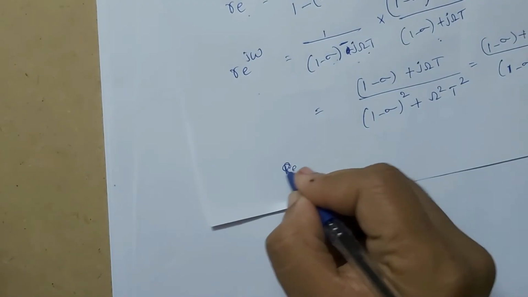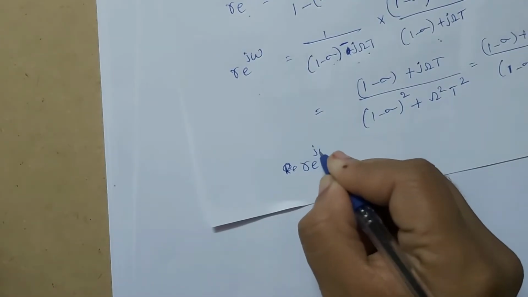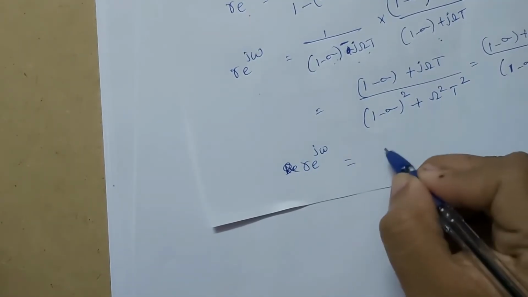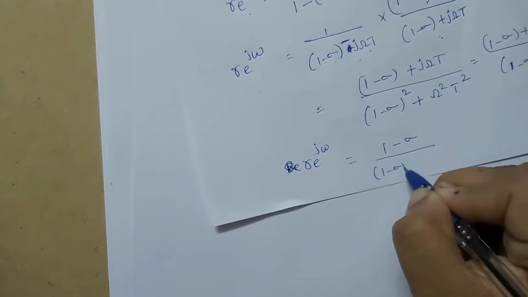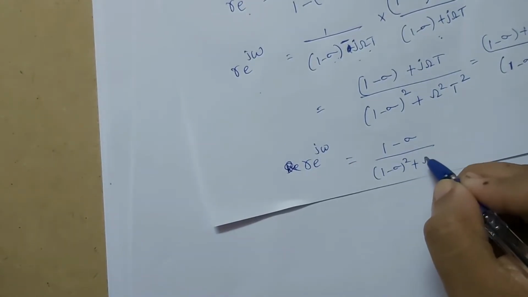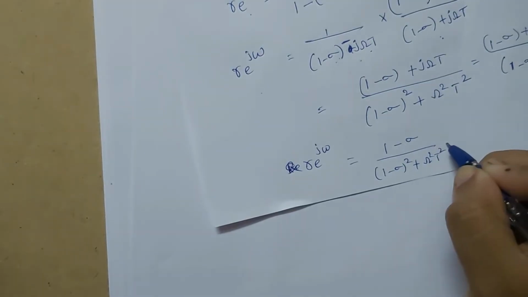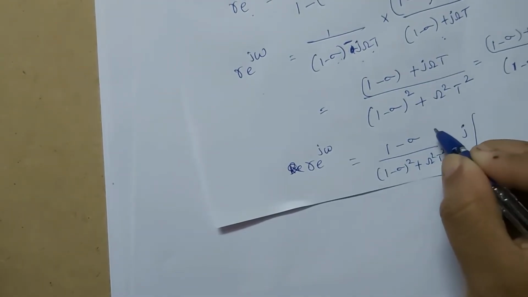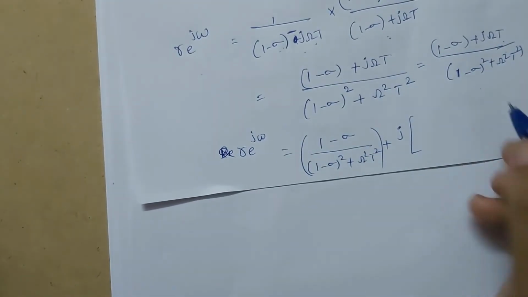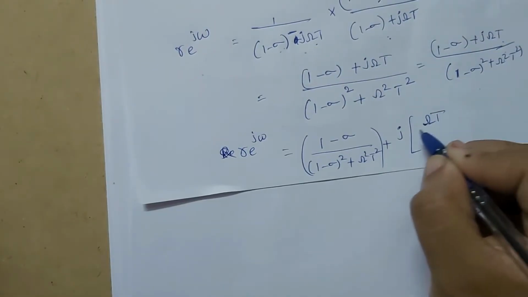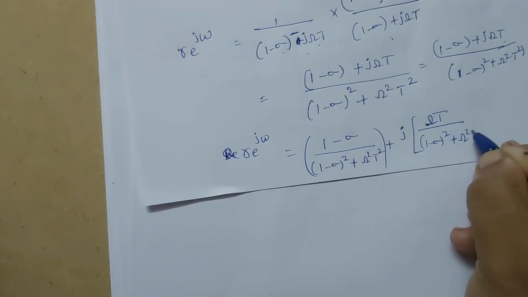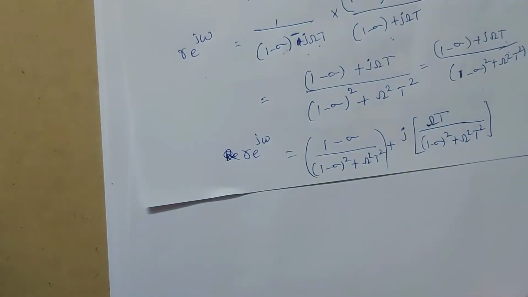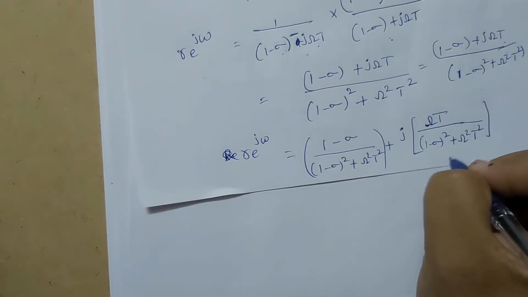So r e power j omega can be written as (1 minus sigma T) by (1 minus sigma T) whole square plus omega square T square, plus j into, this is the real part, j into analog omega into T by (1 minus sigma T) square plus omega square T square. Like this we can write.